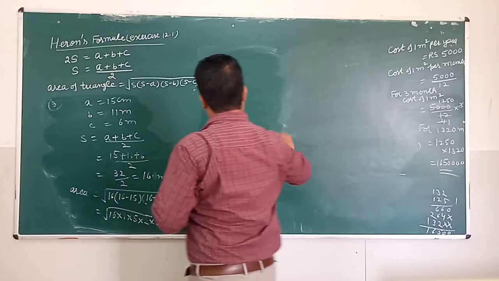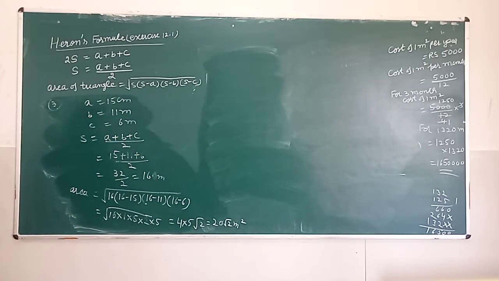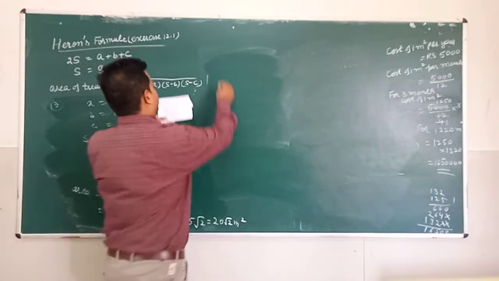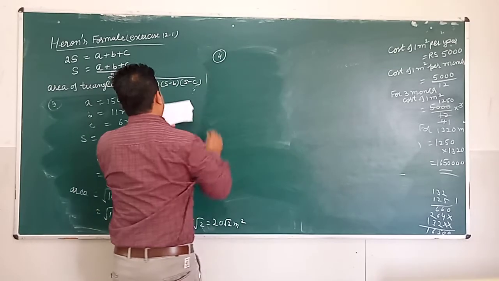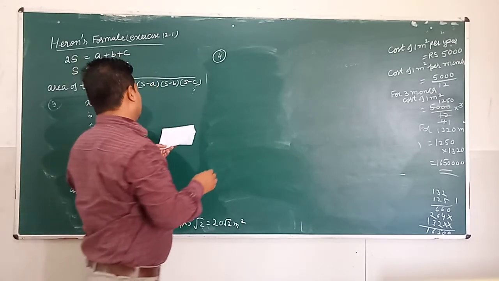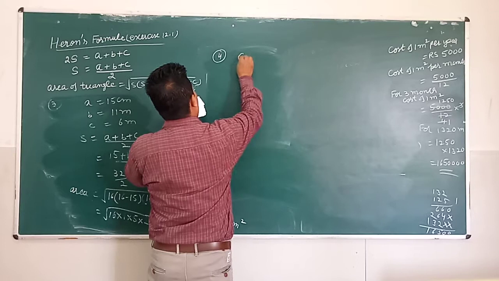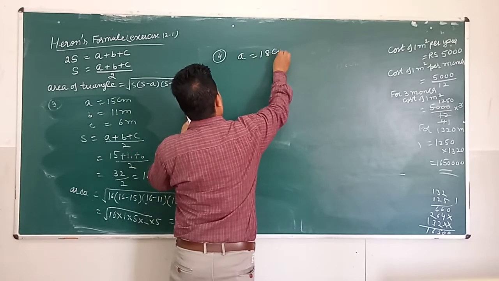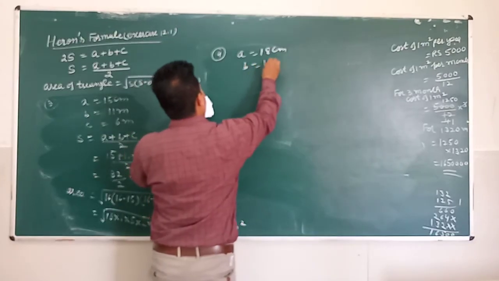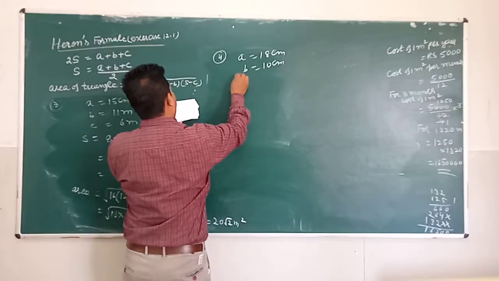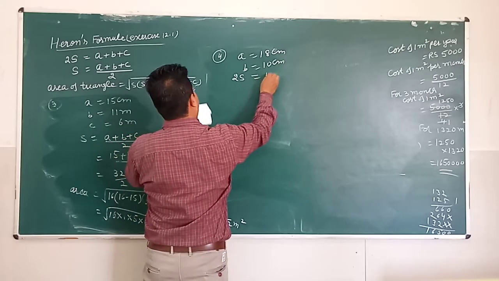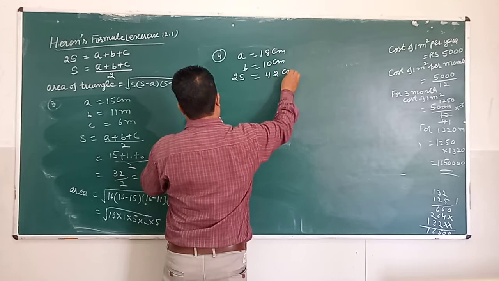In the next question, question number 4, the question is: find the area of triangle, two sides of which are, first side is 18, second side is 10, and its perimeter is 2s, which is 42.